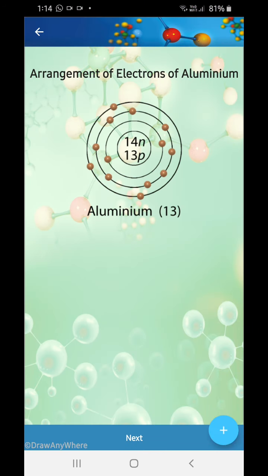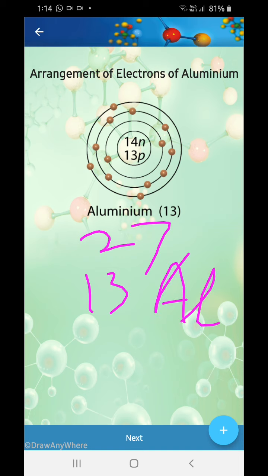Arrangement of electrons in aluminium. Aluminium has an atomic number of 13 and a mass number of 27. So aluminium has 13 protons.